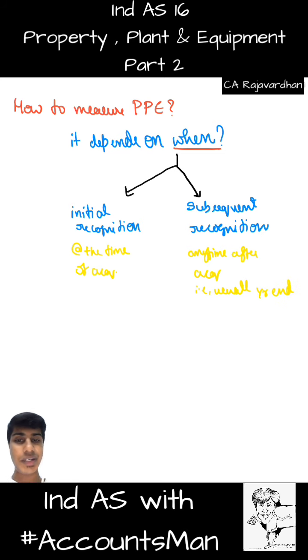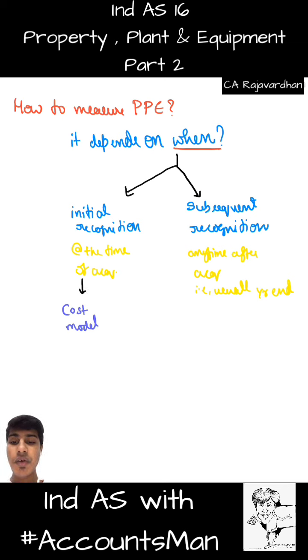How do you measure it? If I want to answer this particular question, at the time of initial recognition, there is only one model available, that is cost model. So we can only measure the asset under the cost model in the case of initial recognition.